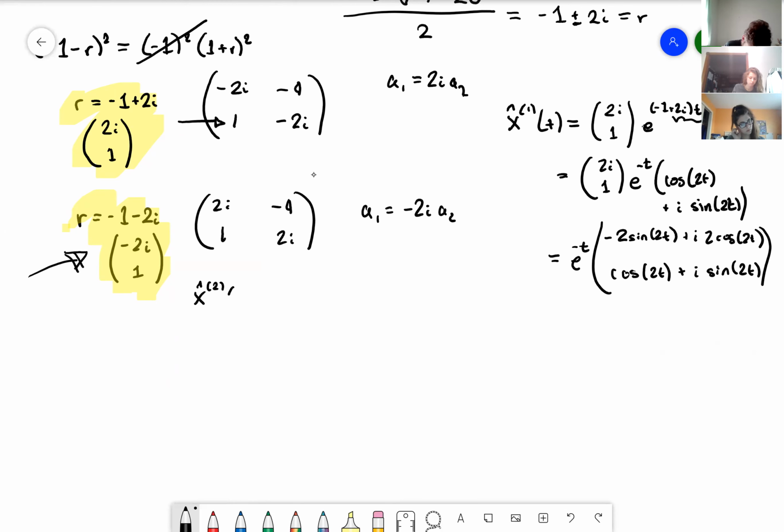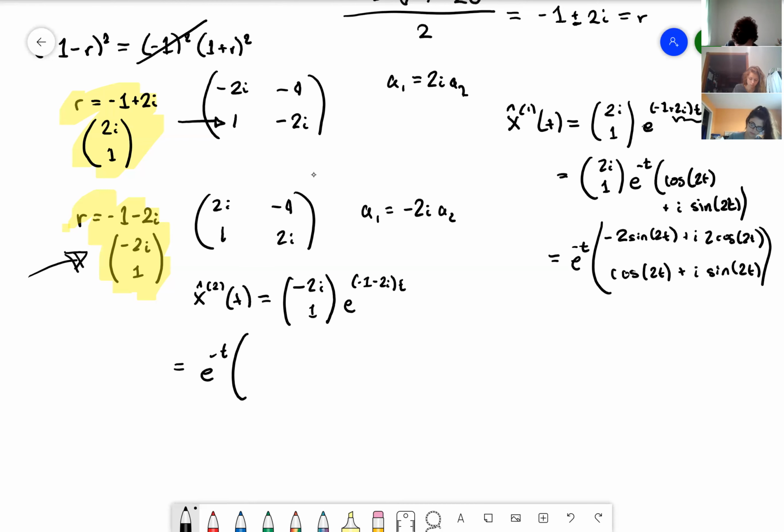x hat 2 of t is equal to negative 2i, 1 times e to the minus 1 minus 2i t, which is e to the minus t, and then I'll write it out. I'm going to go through the steps again.